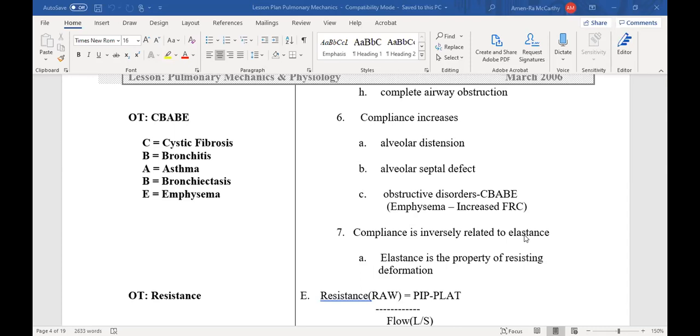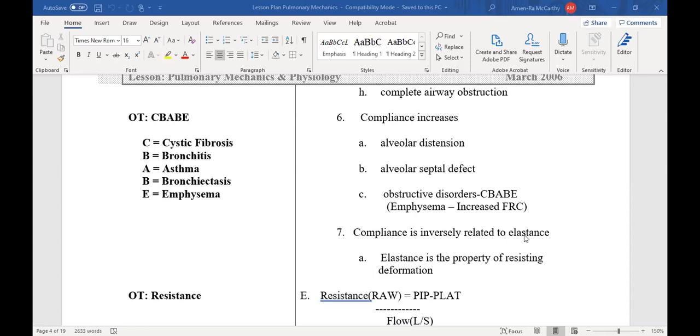So if I have a high compliance, that means I have a low elastance. If I have a low compliance, I have a high elastance. Elastance is how strong is the rubber band, right? How strong. So compliance is inversely related to elastance, but compliance is directly related to FRC. It's also directly related to COPD.